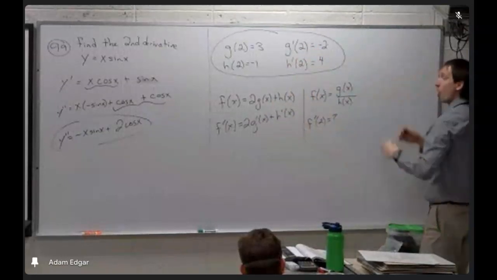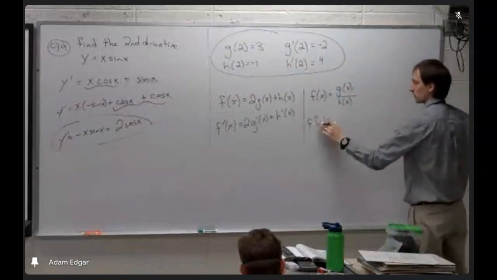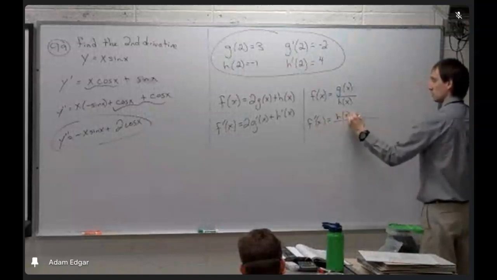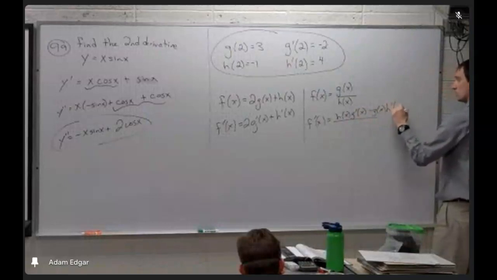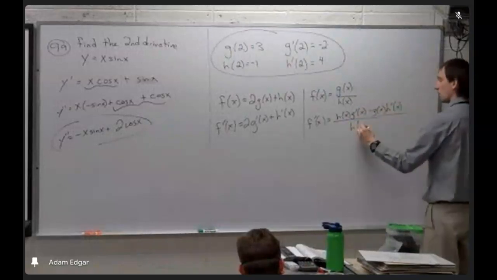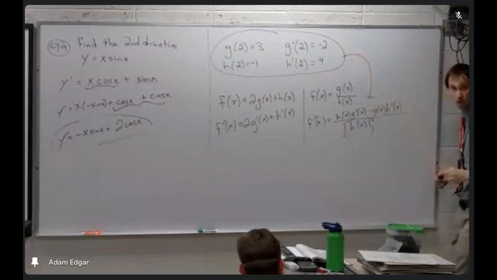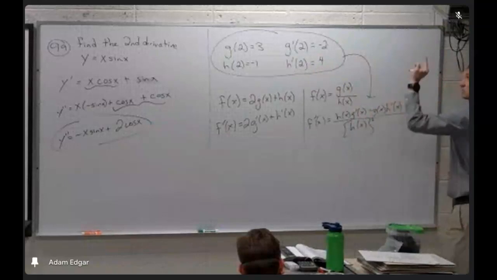Over here, what rule would we have to use before we can evaluate this? Here we have to use quotient rule. So you'd say low d high minus high d low over low low. And then you can take this information and plug it in where necessary. So you know h of 2 is right there. You know g prime, it's right there, and so on.